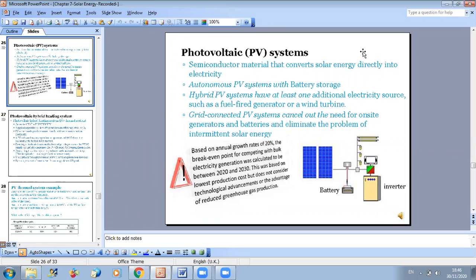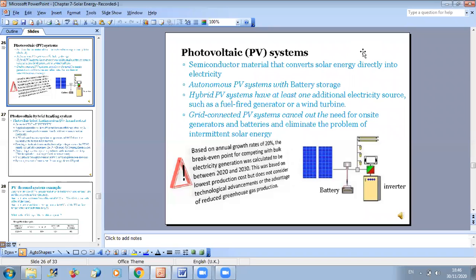So hybrid PV systems have at least one additional electricity source operating with them, and grid-connected PV systems cancel out the need for on-site generators and batteries and eliminate the problem of intermittent solar energy. Now, based on annual growth rates of nearly 20%, the break-even point for competing with bulk electricity generation was calculated to be between 2020 and 2030.